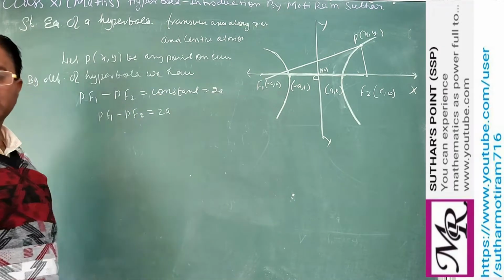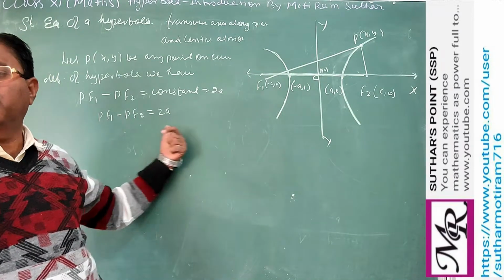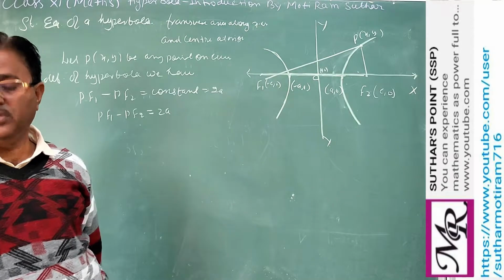Like in the case of the ellipse, where we took PF1 plus PF2 equal to 2a.